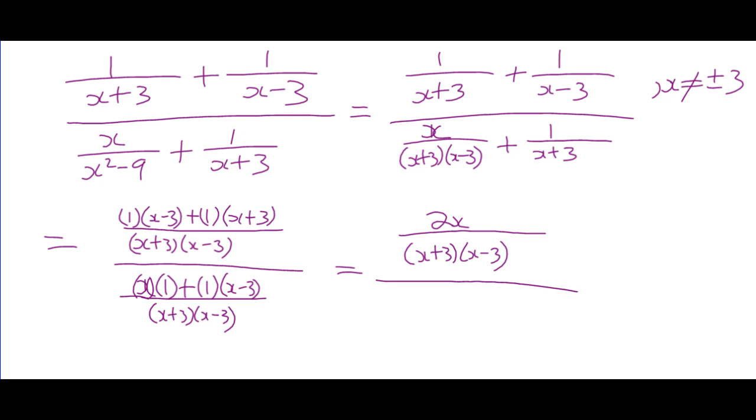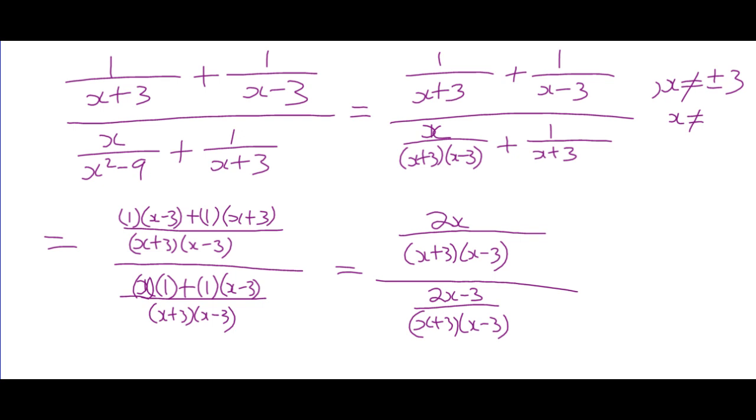Okay, and it happens to be over something. Well, we know it's got a denominator, x plus 3, x minus 3. And the bottom has 2x minus 3. So now we have one other restriction, because if this is 0, then what's this? 0.